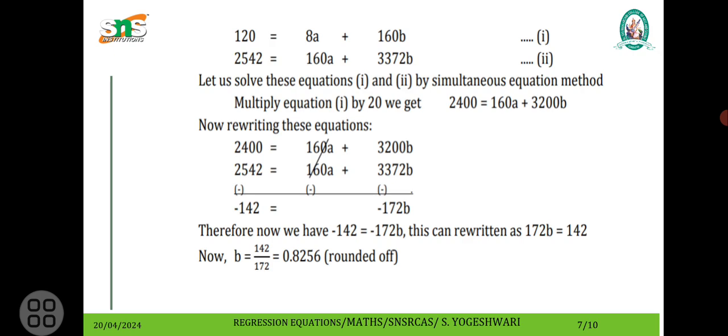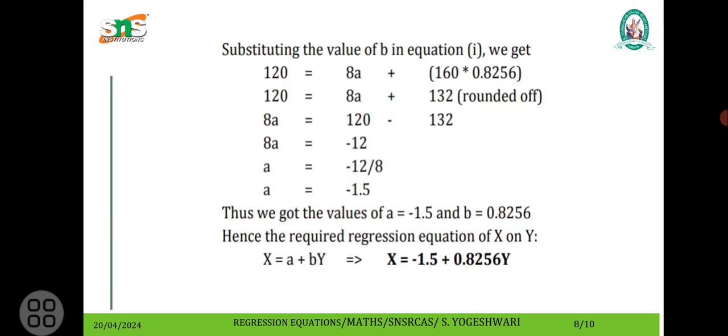So we have these values. Now rewriting the equation, we have minus 142 equal to minus 172b. This can be written as b equal to 142 by 172, which is equal to 0.8256. Substituting this value in linear equation 1, we get a equal to minus 1.5.